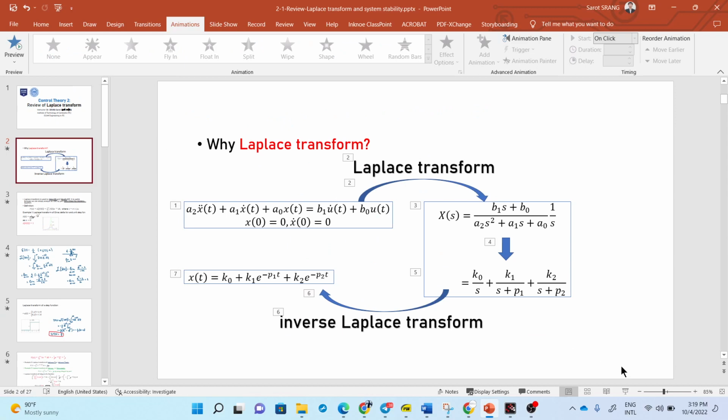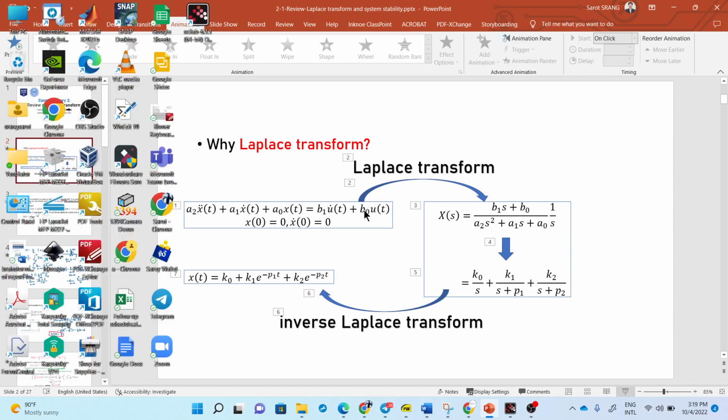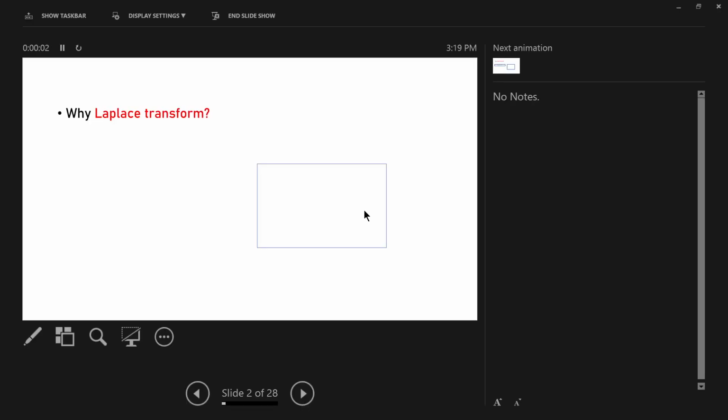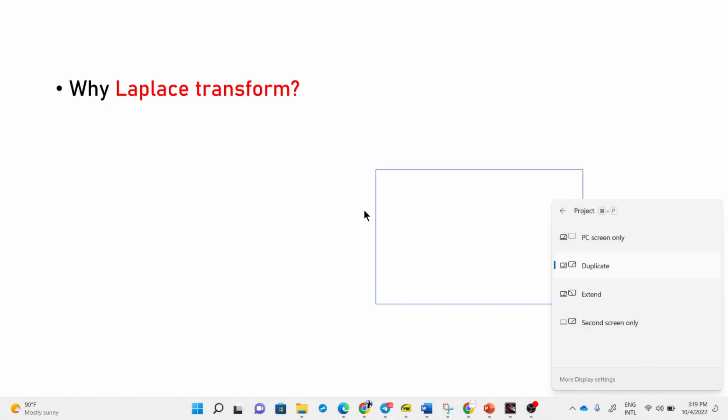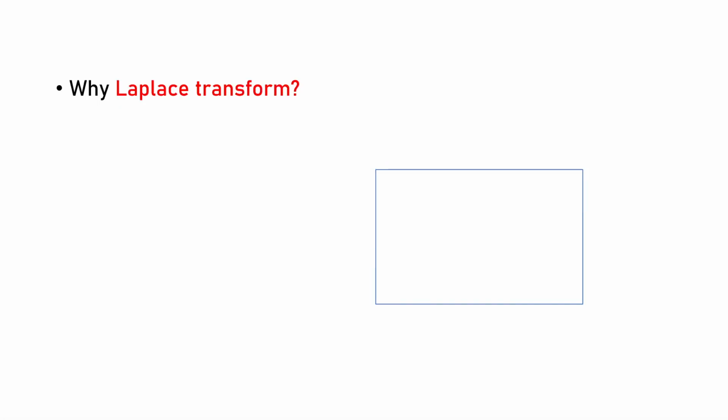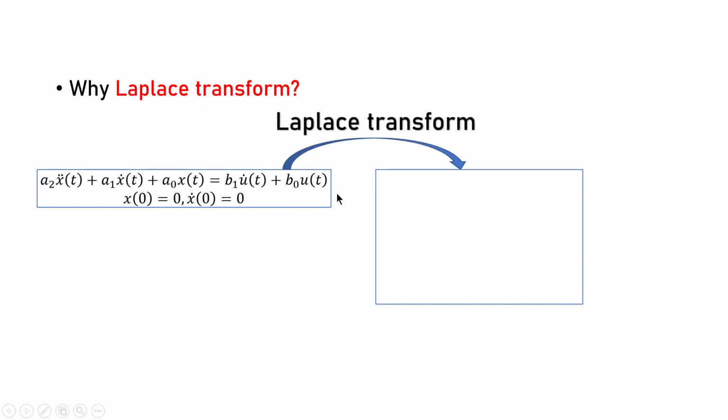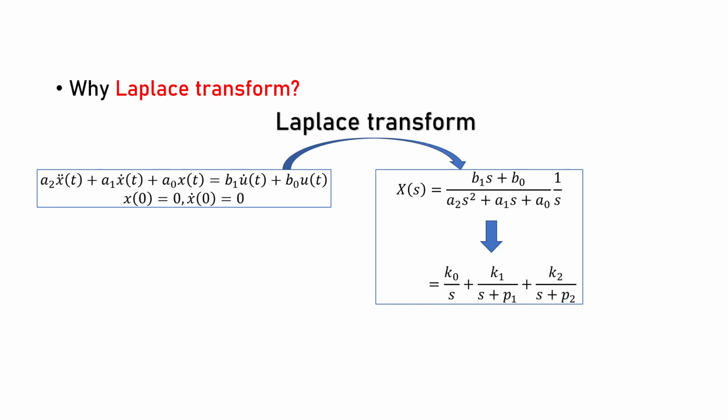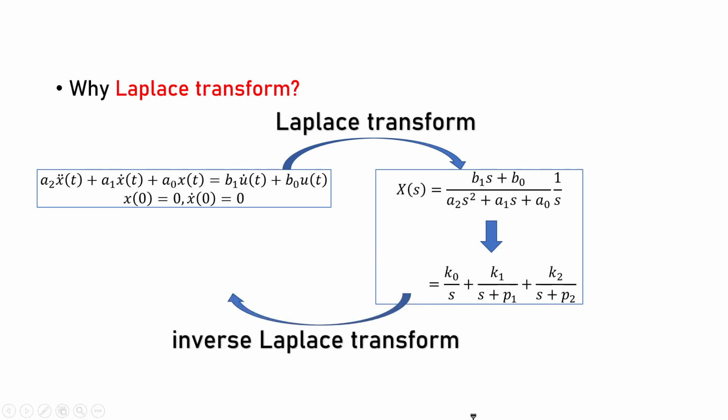You can see here, from the differential equation, you transform it into the Laplace domain, and then you make it a canonical form like this. Then you just use the table to see the Laplace inverse. Then you get the solution in the time domain, right?